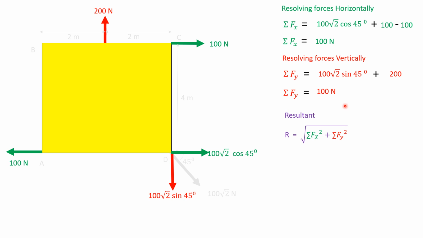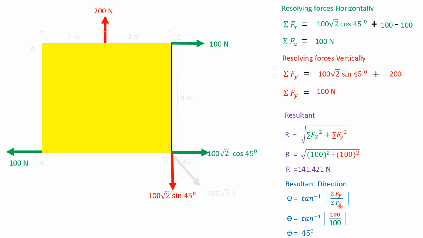Now resultant is given by square root of summation Fx square plus summation Fy square. Substituting for summation Fx value and summation Fy value, we get R value, and resultant direction is given by theta equal to tan inverse of summation Fy by summation Fx. So theta equal to 45 degrees.